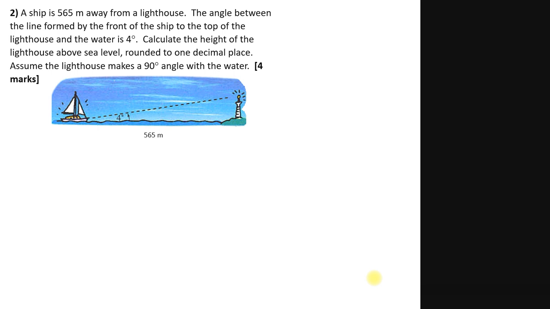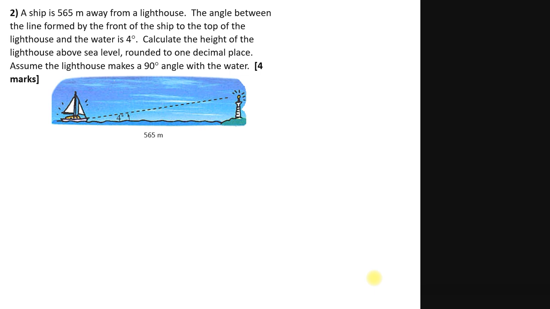Question 2 here. A ship is 565 meters away from a lighthouse. The angle between the line formed by the front of the ship to the top of the lighthouse and the water is 4 degrees. Calculate the height of the lighthouse above sea level, rounded to 1 decimal place.